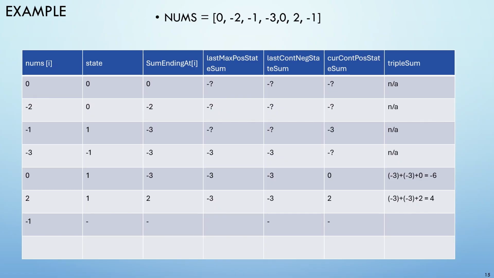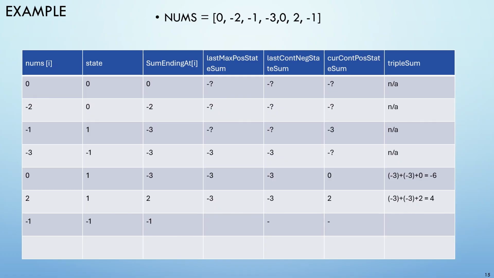Coming to the next element, which is minus 1. Minus 1 is less than 2. That means we will go to decreasing state. Currently we are at increasing state. So we'll go to the state minus 1. Since we are changing state, the sum ending at I will be initialized to array element, which is minus 1.